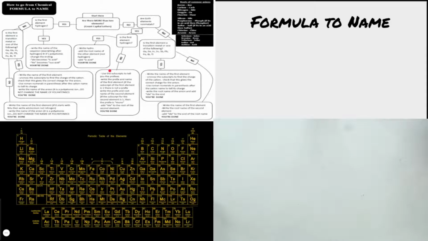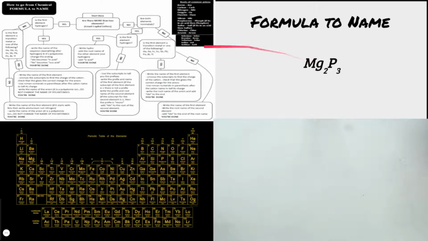Our first example here is going to be Mg2P3. So I'm going to look up here, are there more than two elements? To count elements, you count capital letters because each element symbol has one capital letter. There are two capital letters, so there are two elements involved. Two is not more than two, so I answer no. Are both elements non-metals?